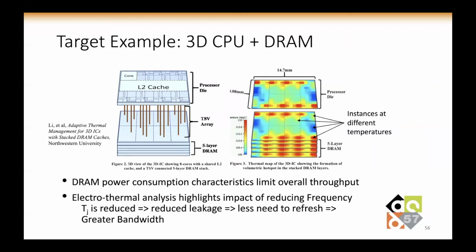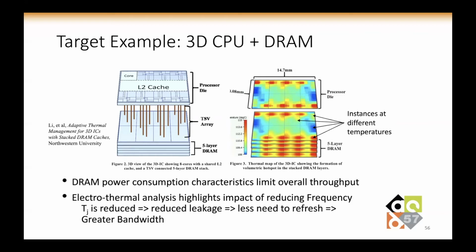But let's look at this example a little more because it's very illustrative. This example comes from research at Northwestern University, where using academic tools such as McPat, they analyzed the power, thermal, and throughput characteristics of this 3D stack. You can see there's a processor on top and 5 DRAMs stacked below.